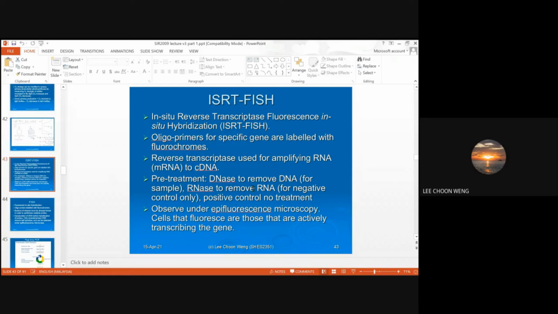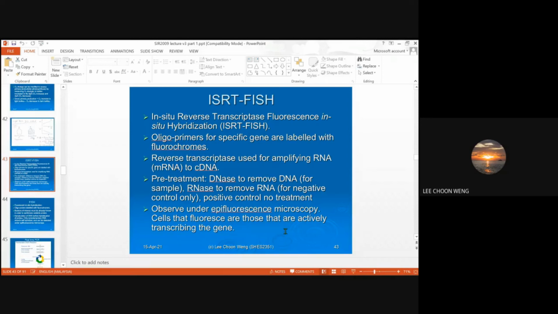Okay. So once you have your sample ready, once you have your primers for the specific gene ready, you have to remove the DNA from your sample before you transcribe the RNA into cDNA. And then you look under the epifluorescence microscope to see whether the cells that you're looking at are actively transcribing the gene.